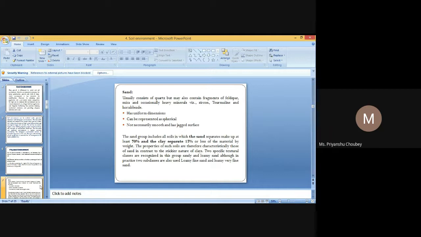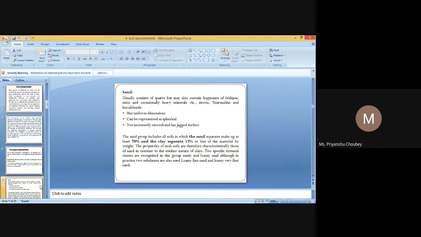The sand group includes all soil in which the sand separate makes up at least 70%, and the clay separate 15% or less of the material by weight. The properties of such soils are therefore characteristic of sand, in contrast to the stickier nature of clay.